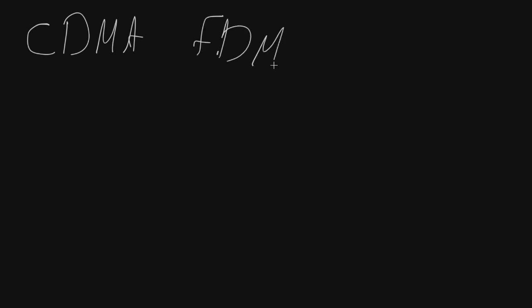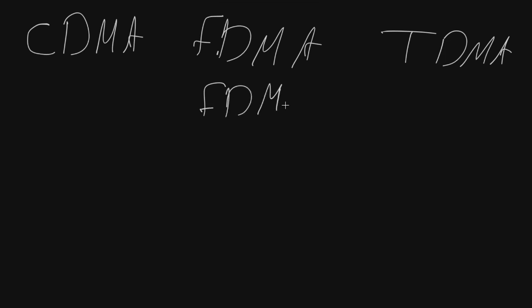So we have things like CDMA, we have FDMA, we have TDMA, and there is also WDMA. So what are these and what do they represent?